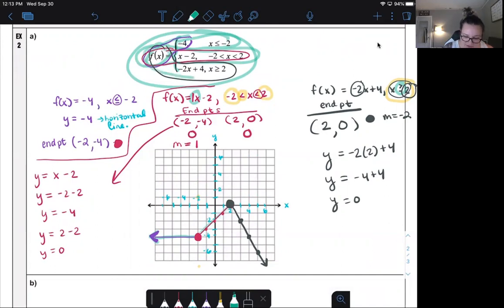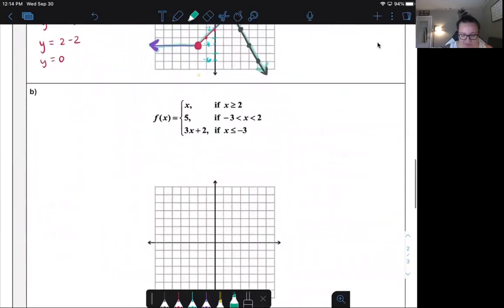And f of x equals -2x plus 4 for x is greater than or equal to 2 is this portion here. So now let's try to graph a piecewise function that has 3 rules on your own.